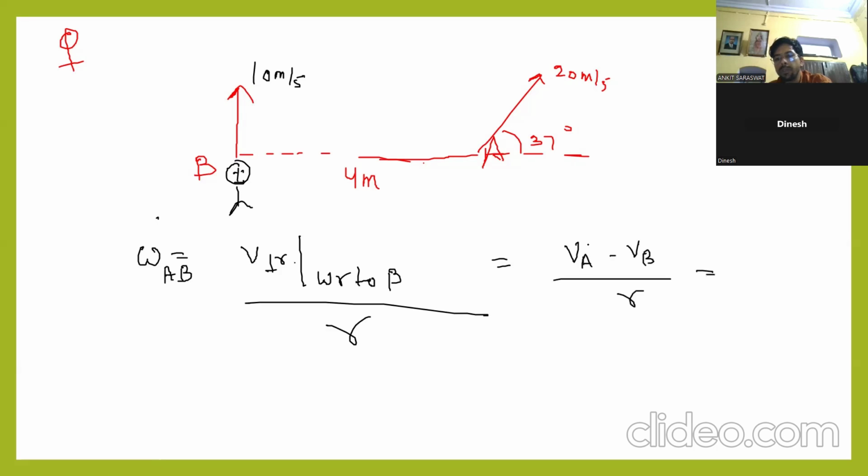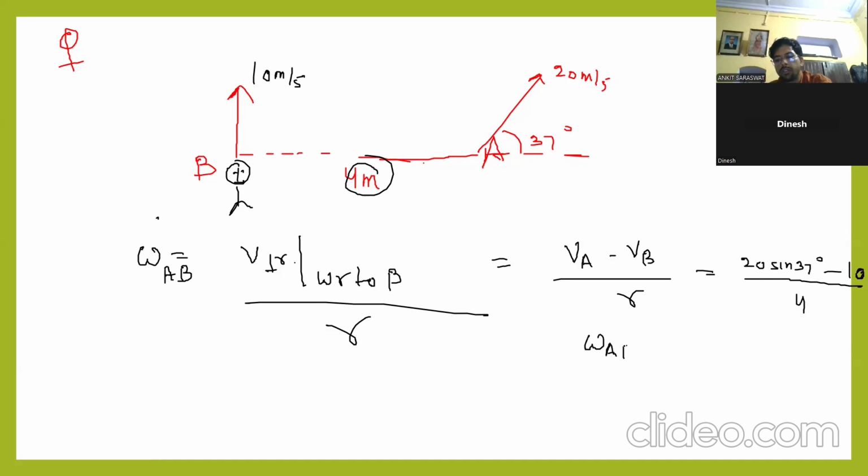VA means the perpendicular component, 20 sine 37, upward positive, minus VB. This time B is also having velocity 10. R is 4. In the previous case B is at rest, so there is no velocity.